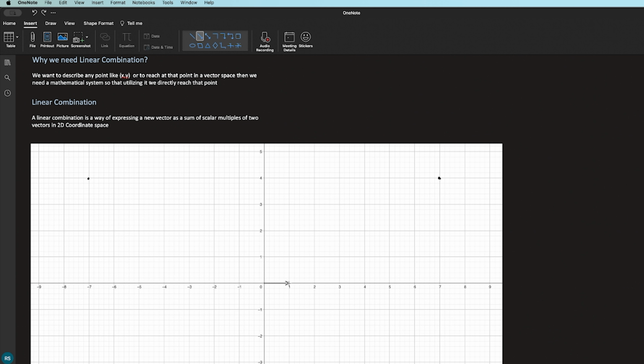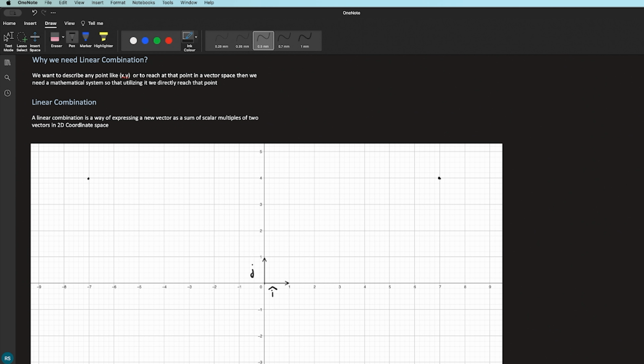This is my unit vector, and I am drawing another unit vector that lies on the y-axis. This unit vector is called i hat, and this unit vector is called j hat. The unit vectors are vectors whose length, or magnitude, is equal to 1.